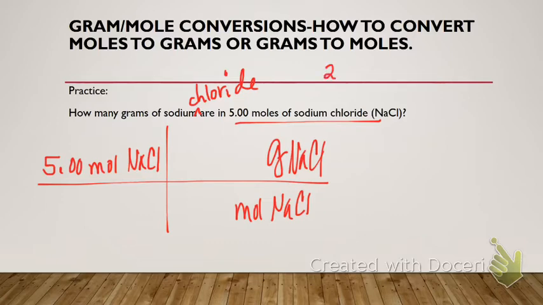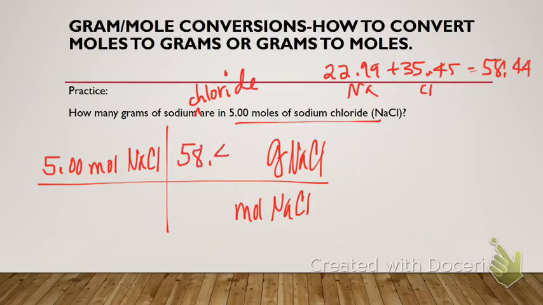So we do 22.99 plus 35.45, and that becomes 58.44. Moles cancel, and then we're going to be left with grams of NaCl.